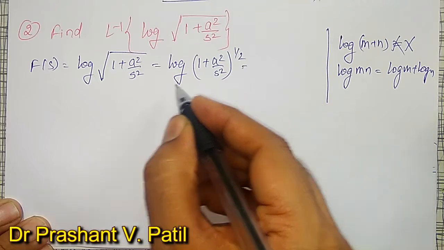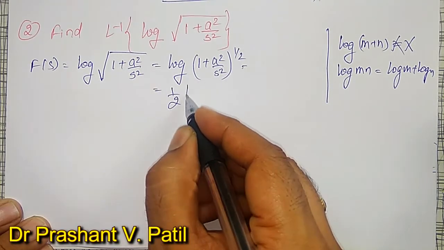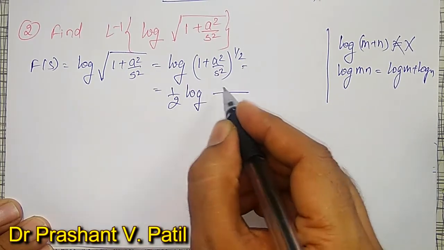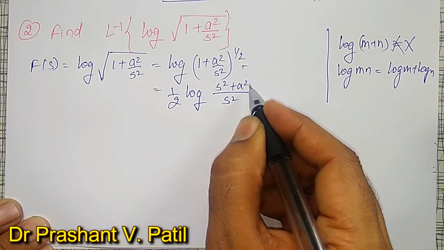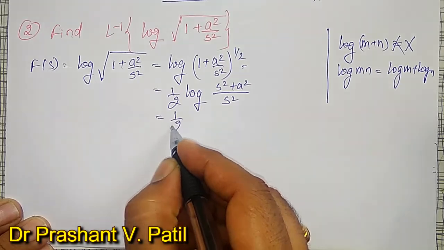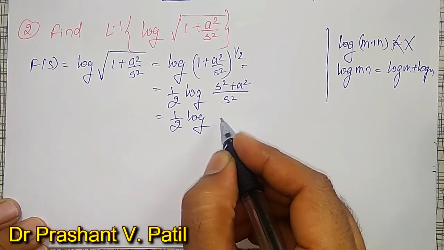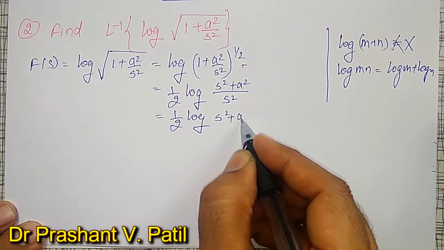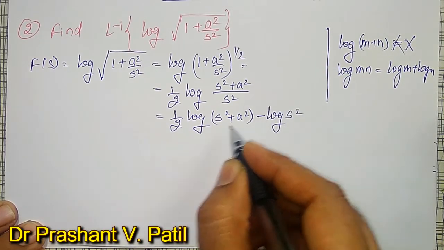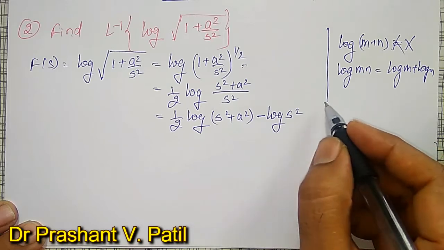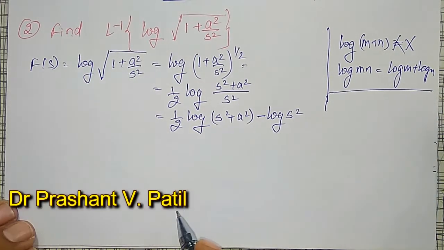I will write this one as 1 by 2 into log of, LCM is s square, it will become s square plus a square. And I will write this as 1 by 2 into log of s square plus a square minus log of s square. For differentiation this will become simple, that's why I am using this.